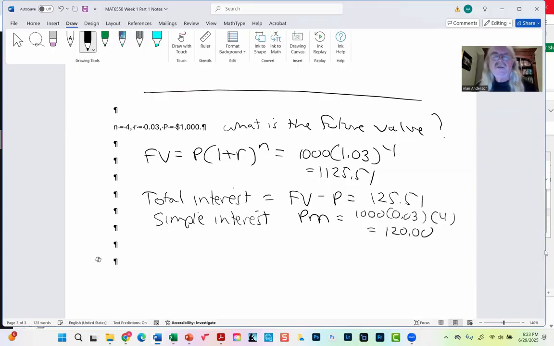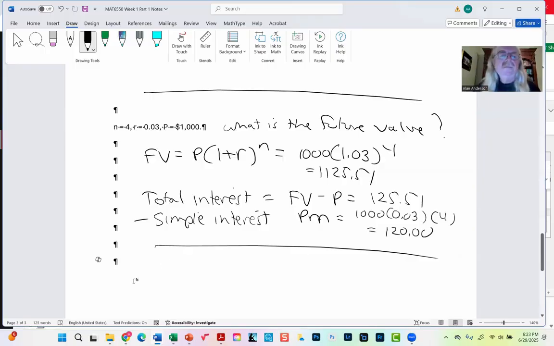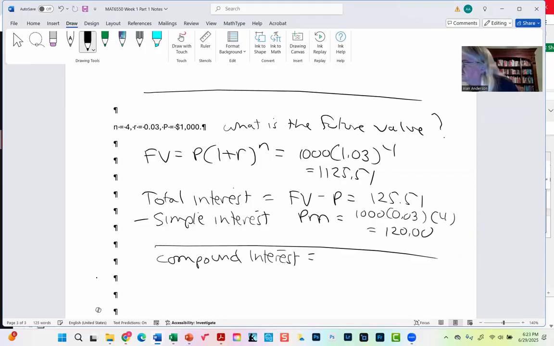Move that back. So the difference, so I put the little negative there. The compound interest is the rest, which is 551.